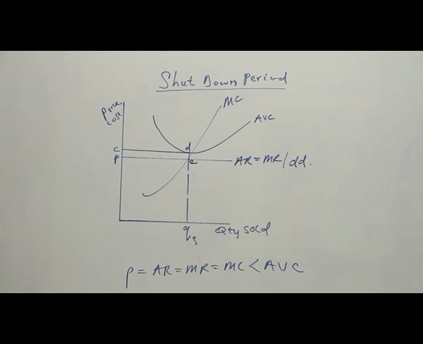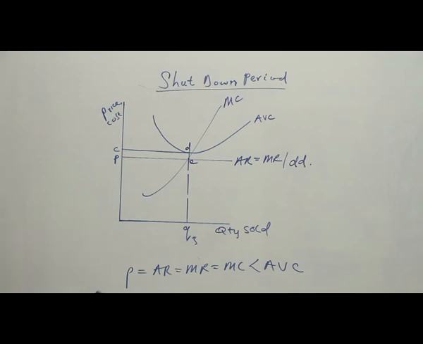But if the firm can cover average cost, the firm can still continue. That is, in the next period, they will cover the other cost. But if a firm cannot cover the average variable cost, it's advisable for the firm to leave the industry. That is what we call shutdown period. Inability of the firm to cover its average variable cost in the short run period.